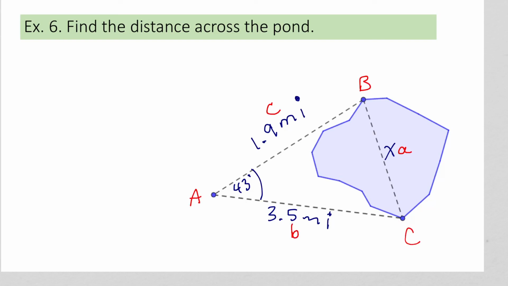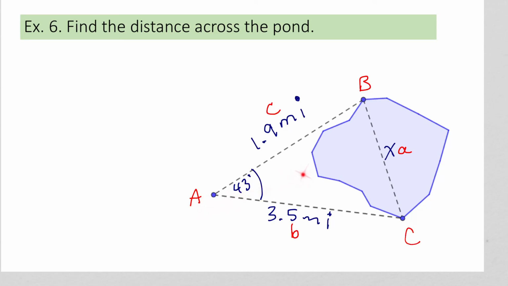So using my opposite across, A from A, B from B, C from C, I put some letters on my problem here. This is somewhat arbitrary which letters you use. As long as you get the side across from the angle done correctly, you should be fine.